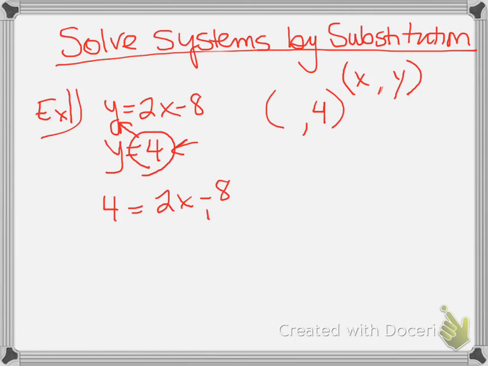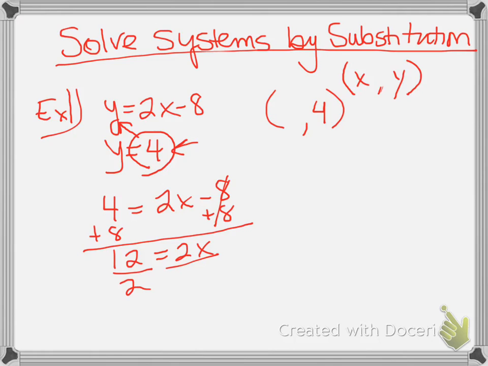First, I'm going to add 8 to both sides. 12 equals 2x, because the 8's fall out. The last step is to divide by 2. So x equals 6, and my answer, my ordered pair, is (6, 4).